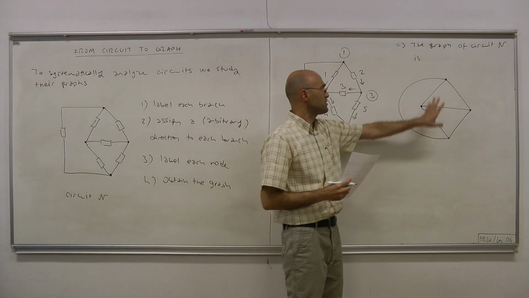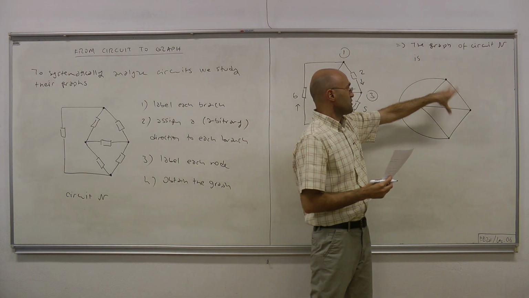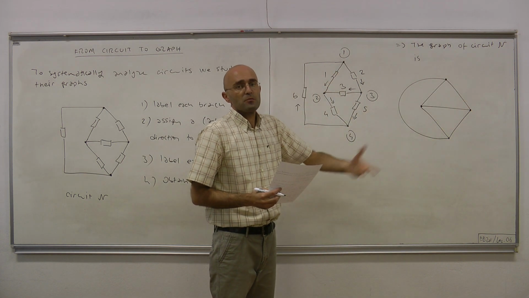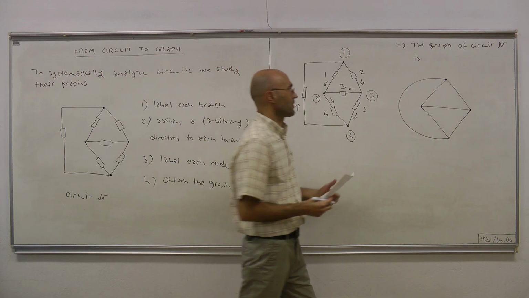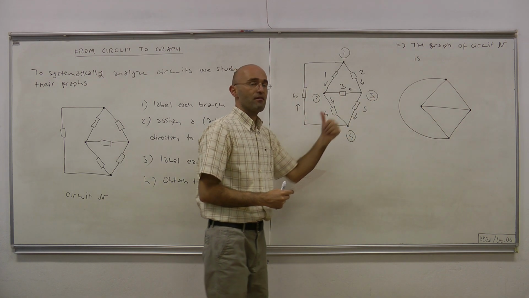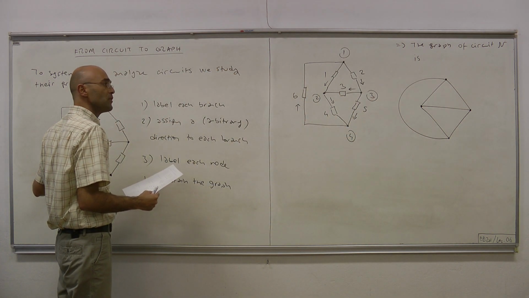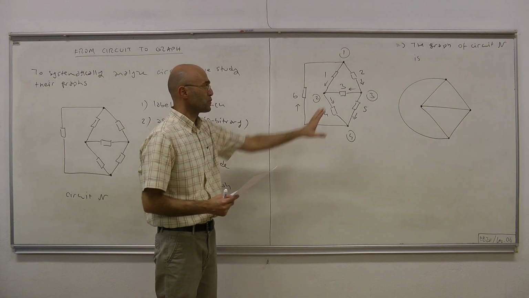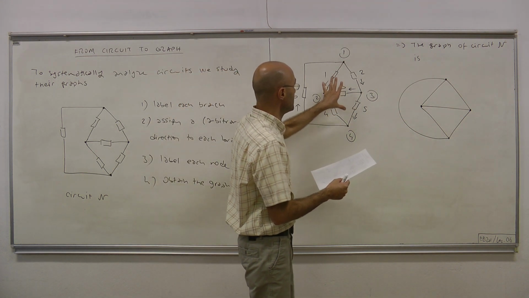So basically a graph is just a set of nodes that are connected by branches. We have 4 nodes and 6 branches. That's the graph representing this circuit. Of course we also have to put on proper labeling, which we did here.